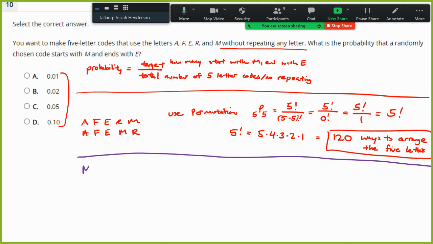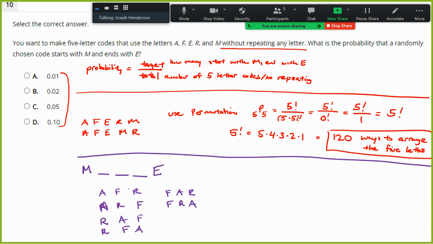We want them to be in this format: M, 3 letters, and then E. So those other 3 letters are A, F, and R. We're basically asking how many different ways there are to arrange those 3: AFR, ARF, RAF, RFA, FAR, and FRA.